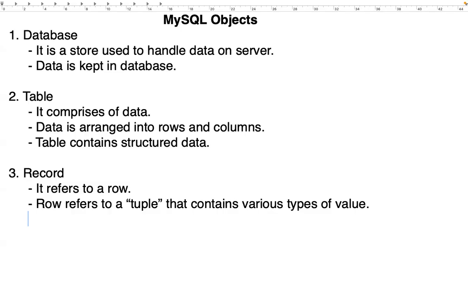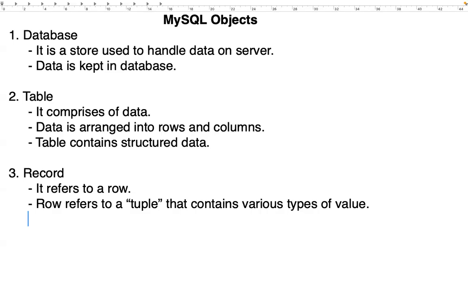So what is a tuple? It refers to a collection of details with various types. Actually, you learnt about arrays in JavaScript. What is an array? In general, an array is a collection of the same type.